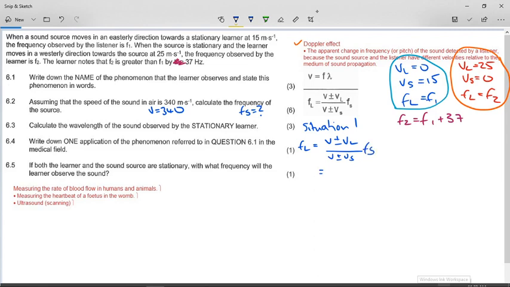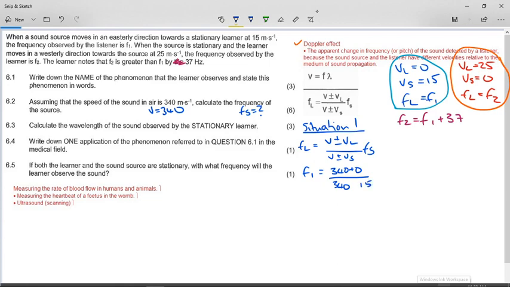Yes? So in the question they said the frequency of the listener in situation 1 is called F1. We know that the velocity of sound in air is 340, and in the first situation, the velocity of the listener is 0, and then we've got again here 340, and the velocity of the source is 15.